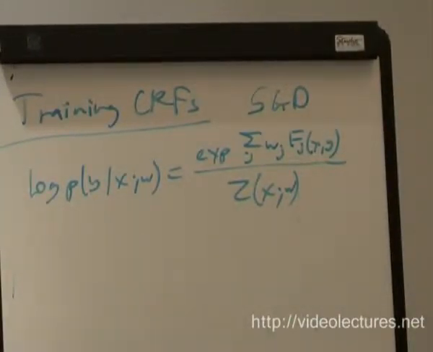And so to do stochastic gradient, we need to evaluate the derivative of this. So this is the log probability, so that's the objective function to maximize for a single training example. So we want to evaluate its derivative.